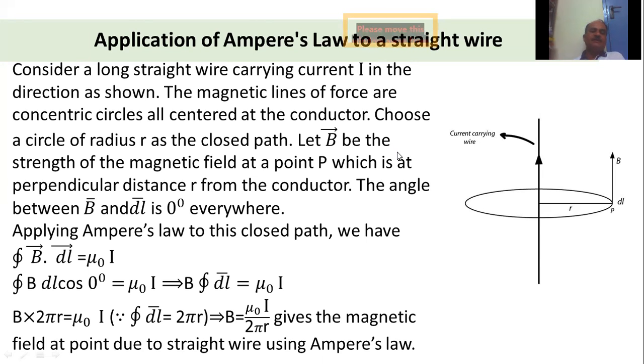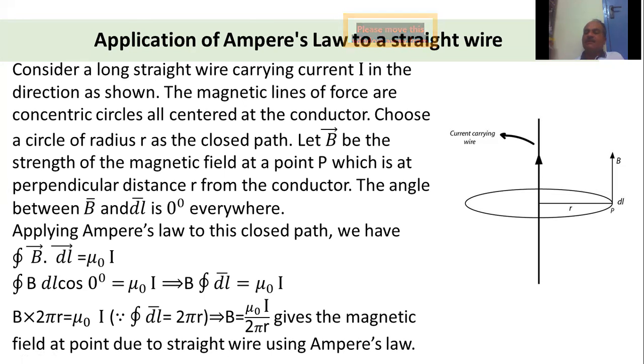Choose a circle of radius r as the closed path. Here I have chosen a circle of radius r, and this is the radius r. Let B be the strength of the magnetic field at a point P, which is at a perpendicular distance r from the conductor.